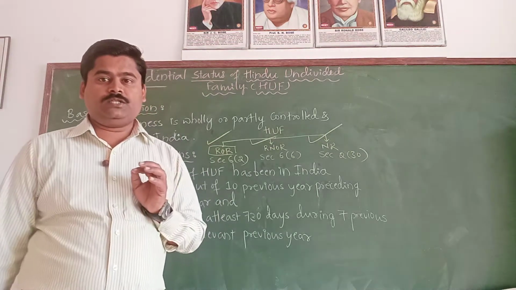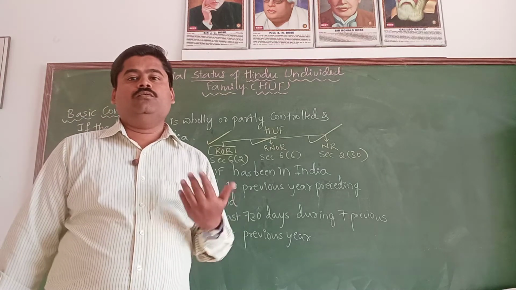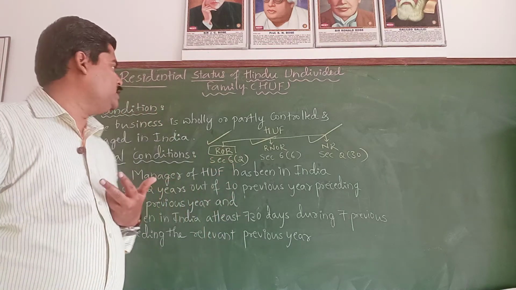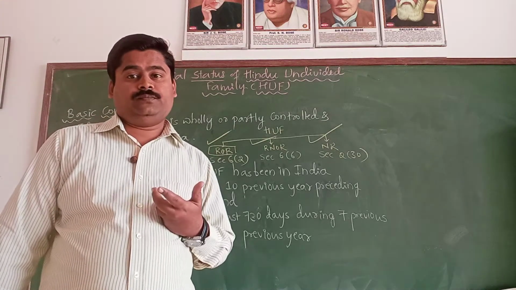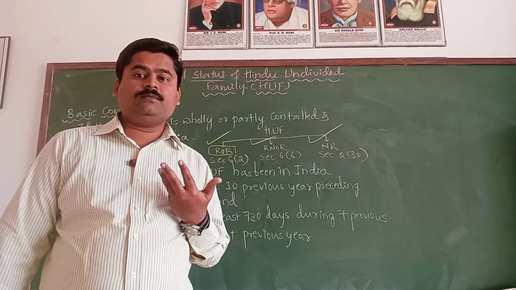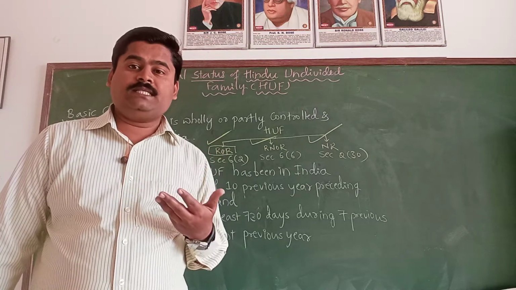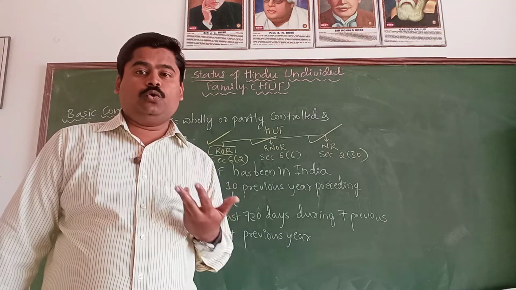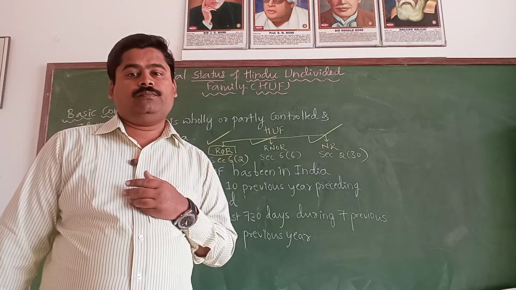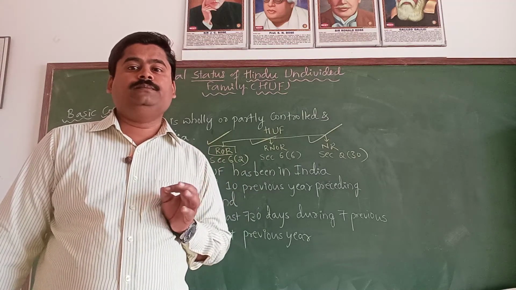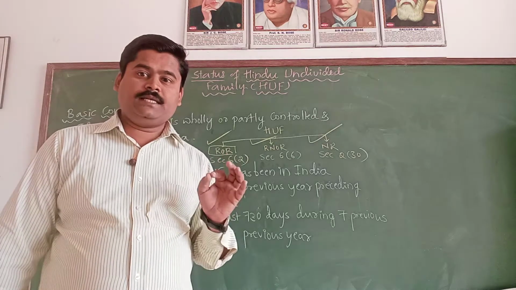If it fails to fulfill the very basic condition, then it is so called as the non-resident. And sometimes it so happens that if the business is controlled and managed out of India, then also it is so called as the non-resident only.